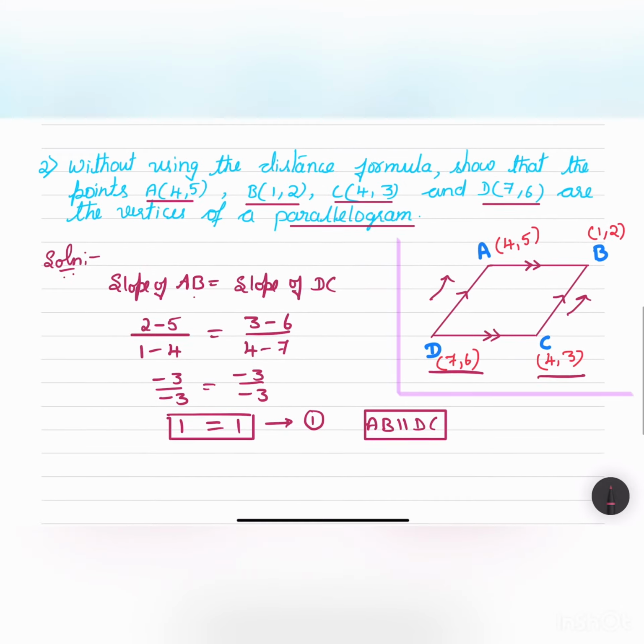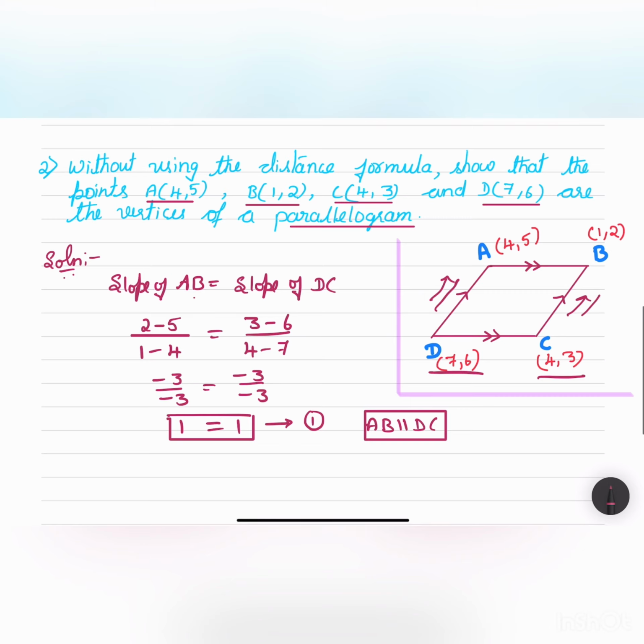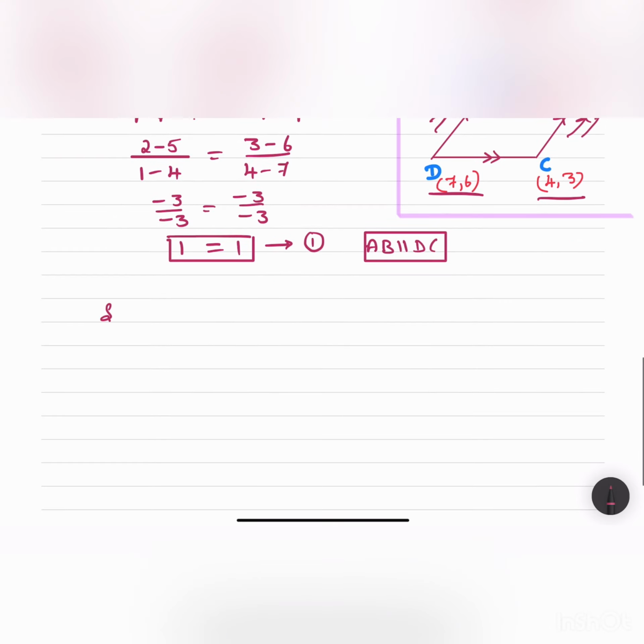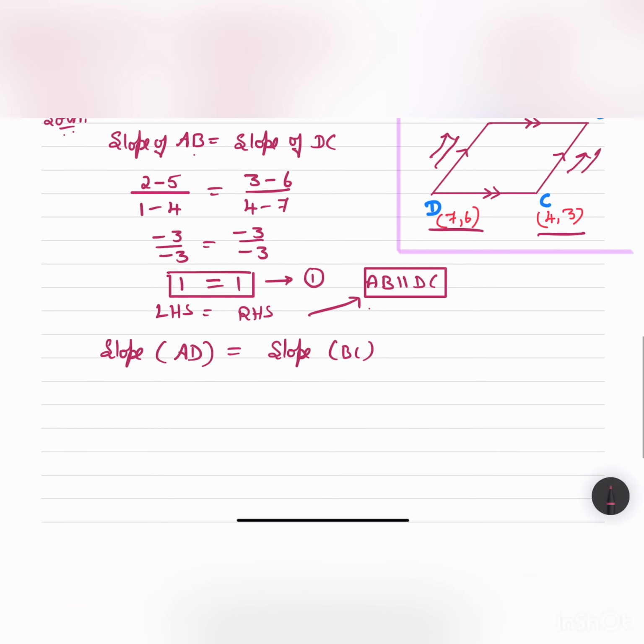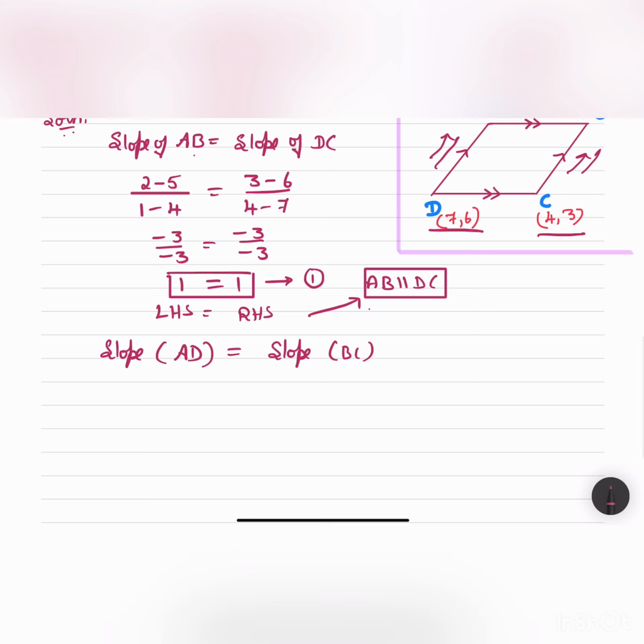And now we will go for the slope of AD and slope of BC. So slope of AD should be equal to slope of BC. Now slope of AD if we take, it is 6 minus 5 divided by 7 minus 4, is equal to slope of BC, which is 3 minus 2 divided by 4 minus 1.